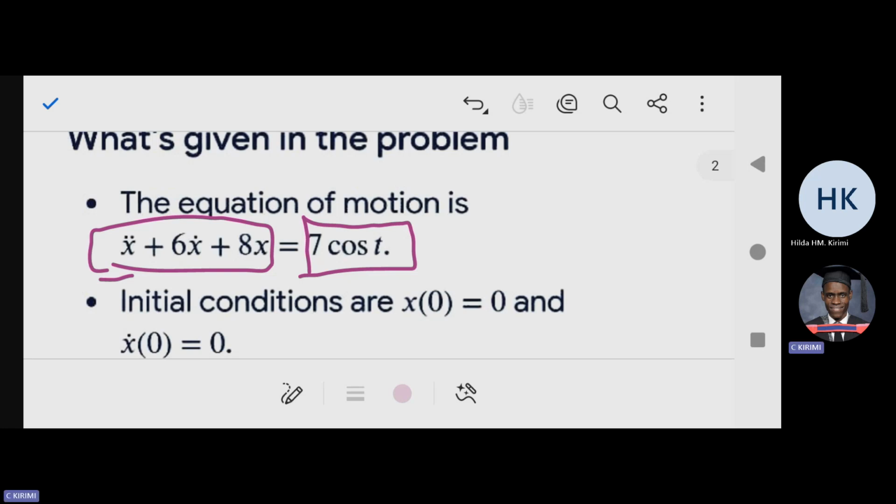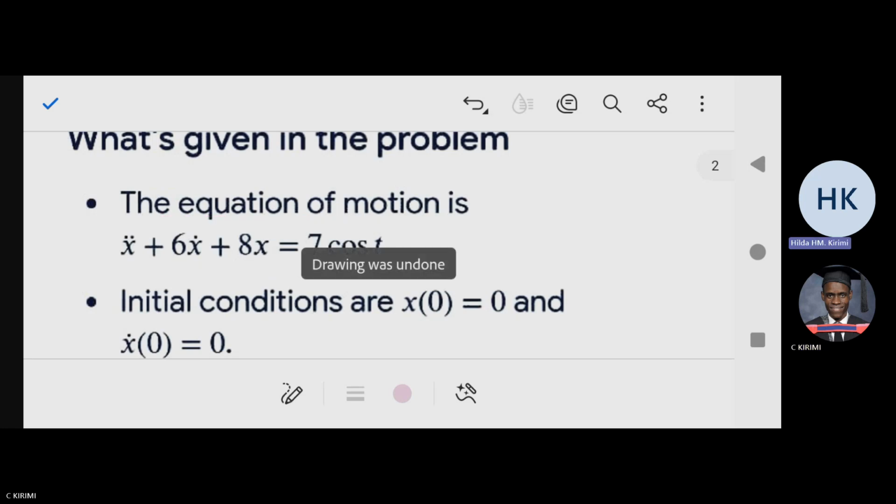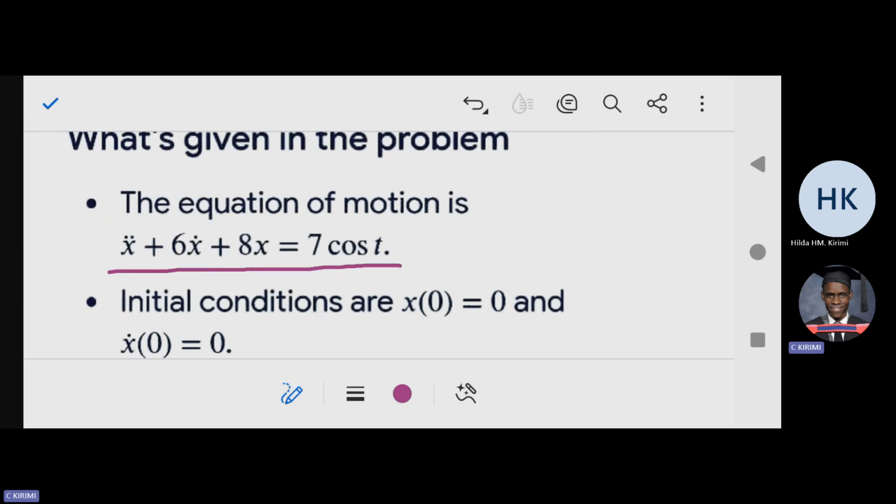So using differential equations, the equation of motion of that oscillator, this is the equation of motion of the oscillator which we are given. And where are we getting these conditions?